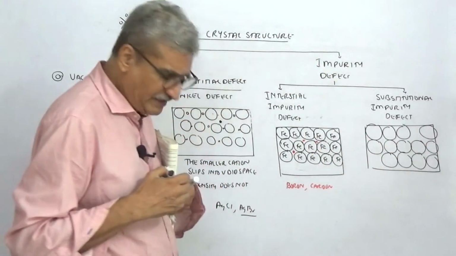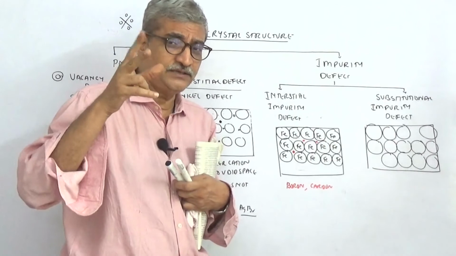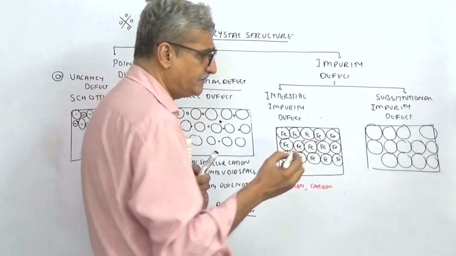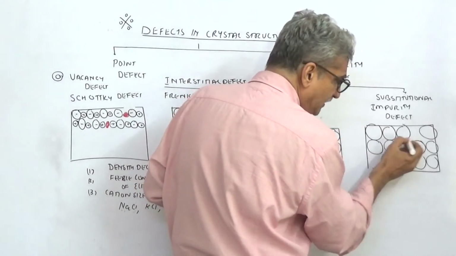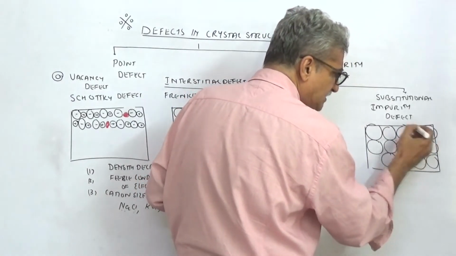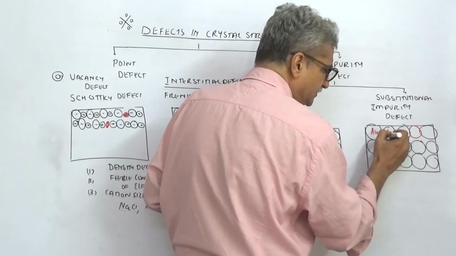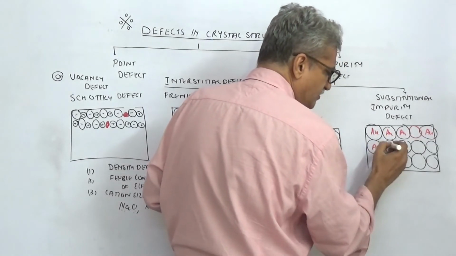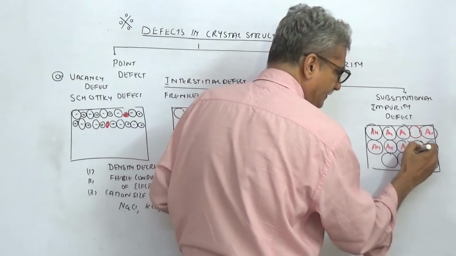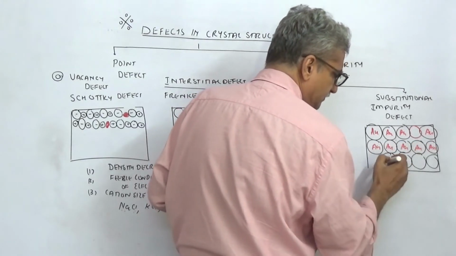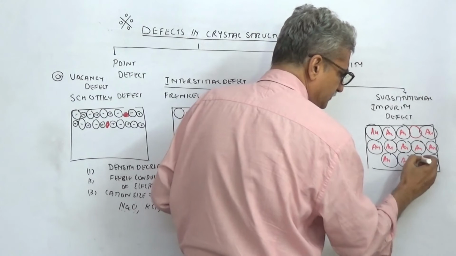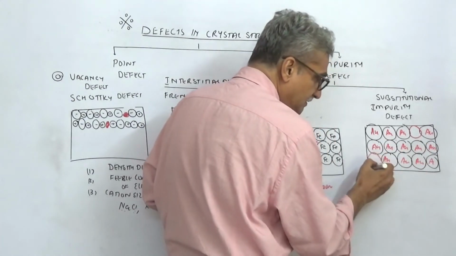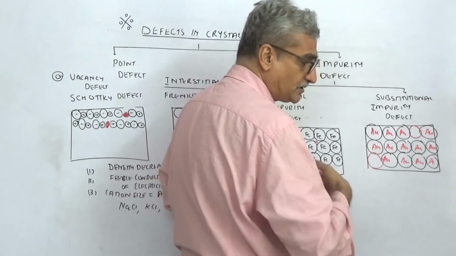When the cations of the two metals which are alloyed are nearly the same in size, instead of occupying the void, they simply substitute. So this is gold, Au, and what are these two red ones? These two red ones are copper or silver.